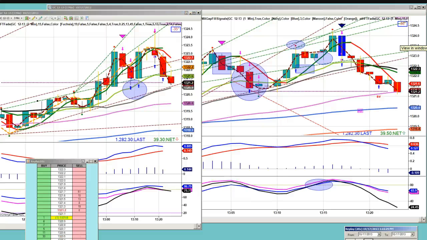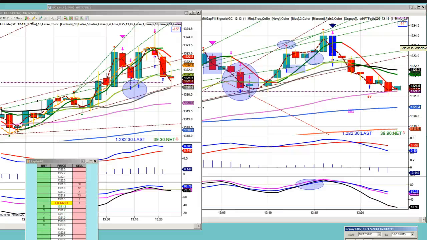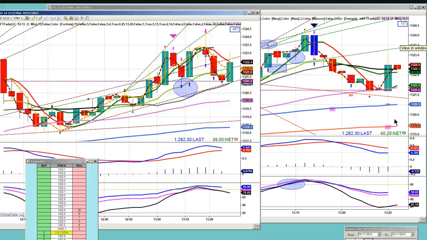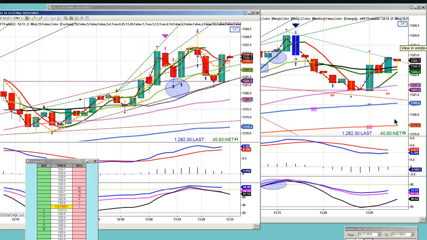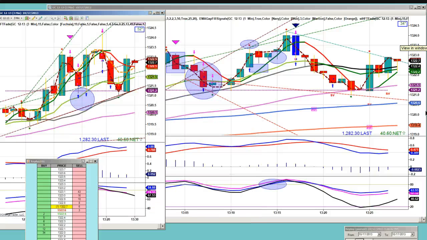Now, for those people, as I said earlier, who want to use the Segredo or the 15-minute chart, let's just move this aside for a second. I'm going to pull up the Segredo chart, and then I'll give you the big conclusion.